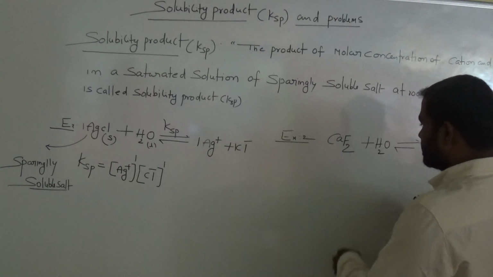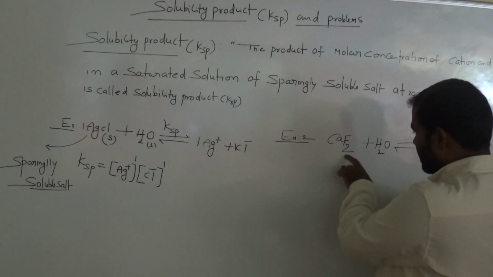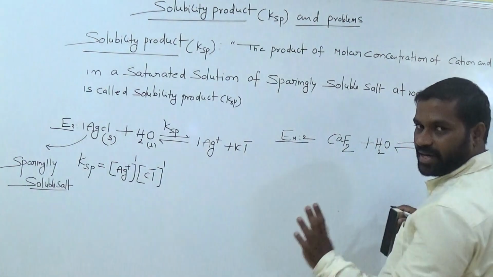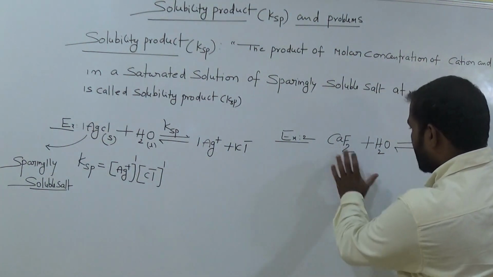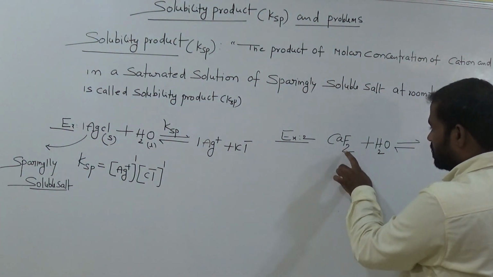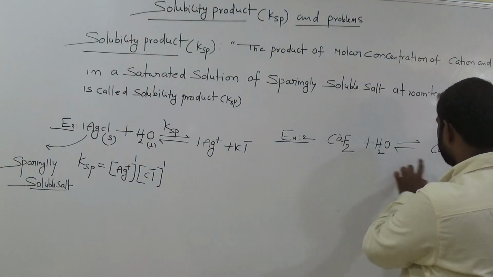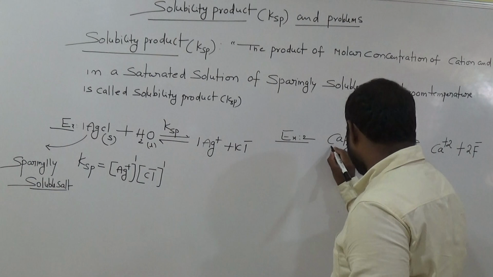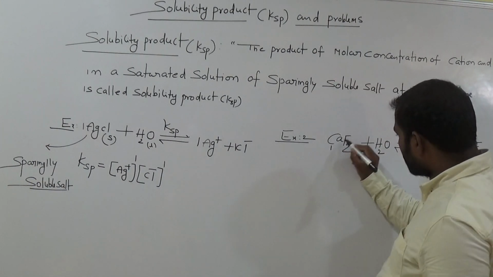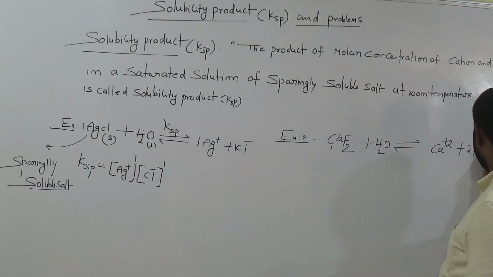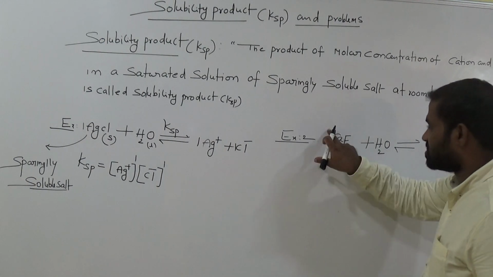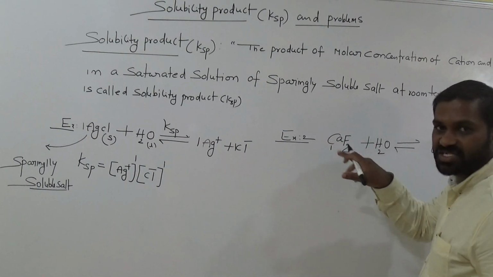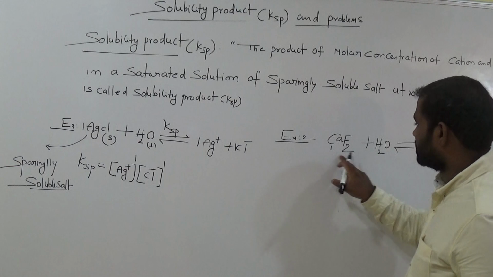What is the crisscross method? This is the oxidation state of calcium. In CaF2, this is the oxidation state of calcium, so Ca plus 2. Now the subscript is 1. 1 is the oxidation state of fluorine, and 2 is the oxidation state of calcium. According to the crisscross method, these are the superscripts.